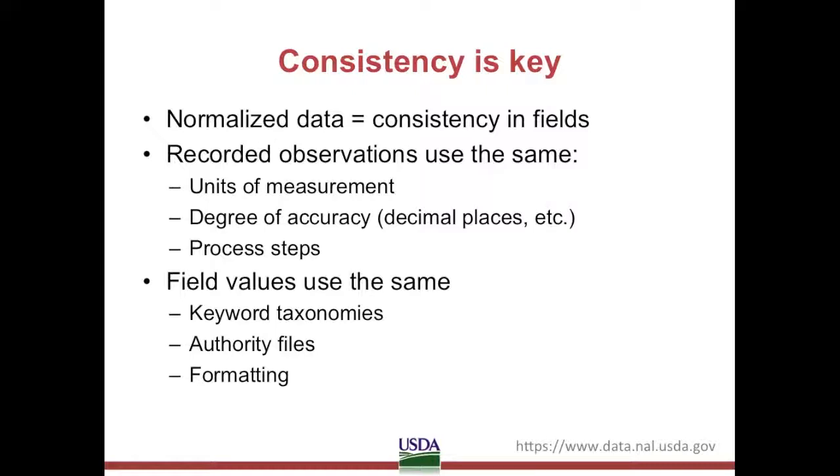Another example of using a data dictionary to standardize data and formatting presentation is use of decimal places in recorded observations. What if one investigator in a project installment submits data with accuracy to the 5th decimal place, but another submits data with accuracy to 3 decimal places?